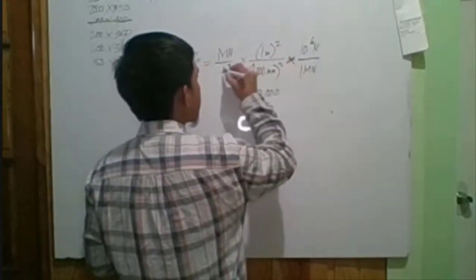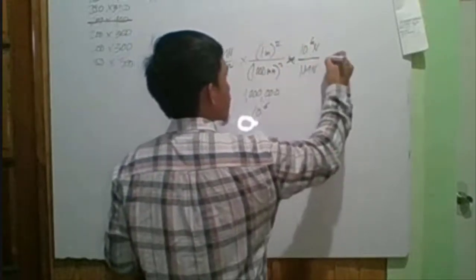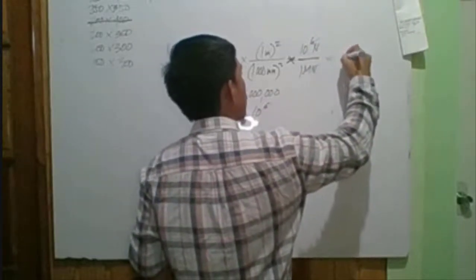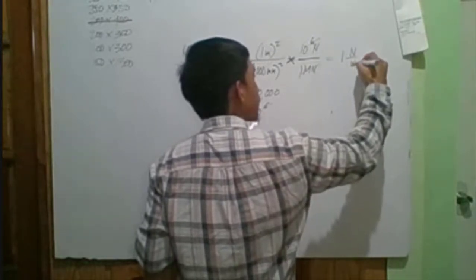Then meter squared cancels, meganewton cancels, and 10 raised to 6 cancels with 10 raised to 6. So you will end up with 1 Newton per mm squared.